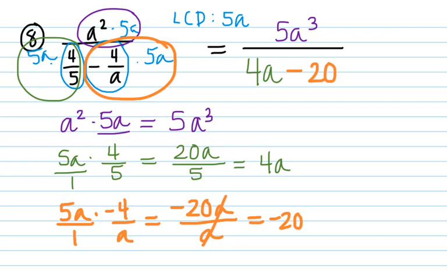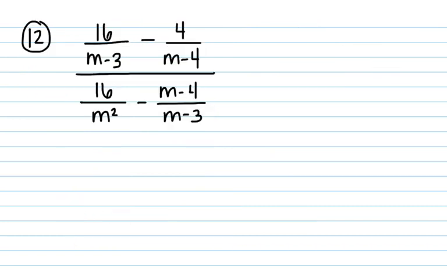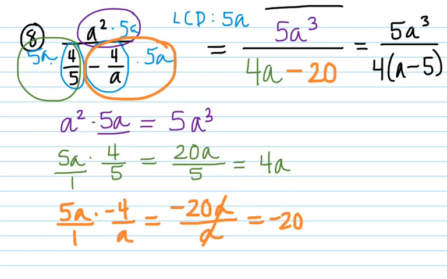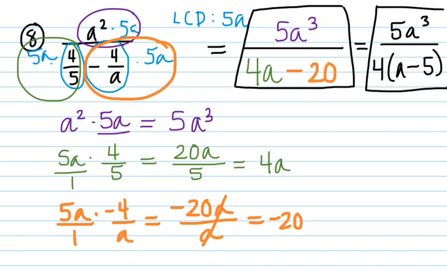Now I can factor this to get 5a cubed divided by 4 times a minus 5, 4 being the GCF in the denominator. But I don't have any factors that I can simplify in this problem. So really, I would be fine with you guys leaving this problem in either of these two ways. So you can pick between those two if you'd like to.